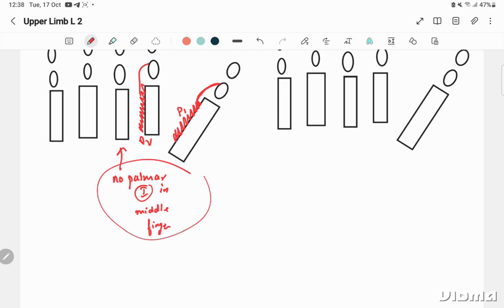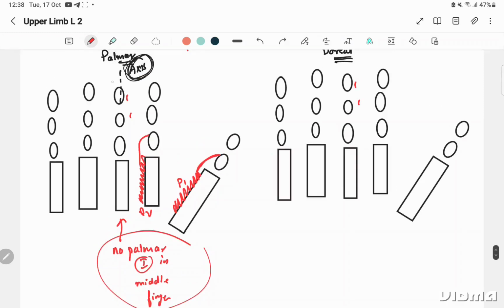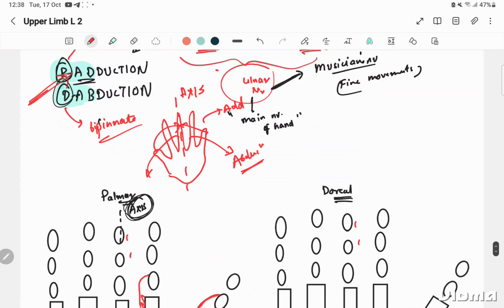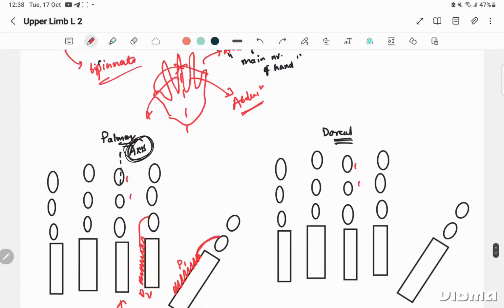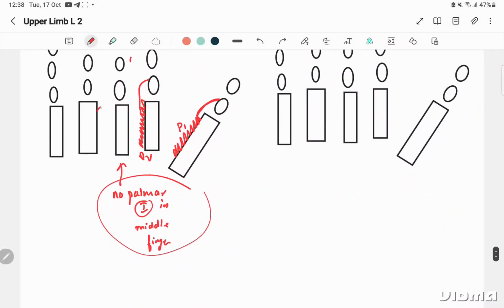So if the middle finger is lost due to some reason, then the palmar interossi muscles are not affected. Okay. So if a question asks whether a person who loses his middle finger loses adduction power, no, the adduction power will be unaffected because no palmar interossi are present in the middle finger. Then we have P3 inserted here, and P4 inserted here.